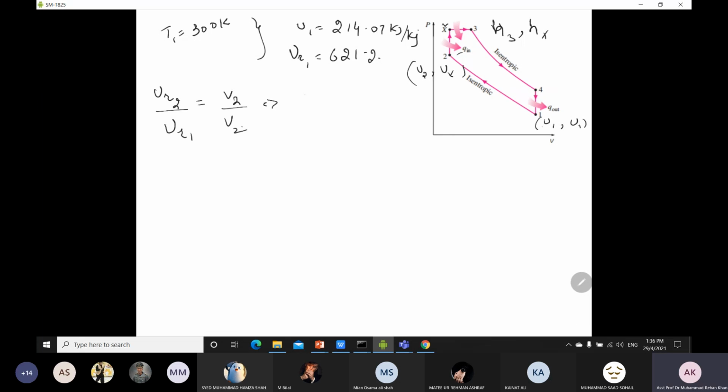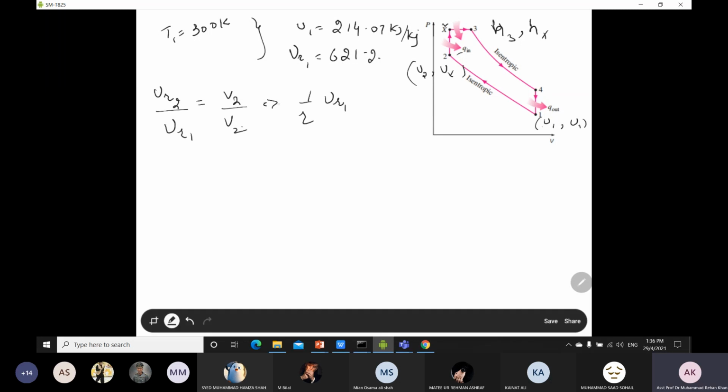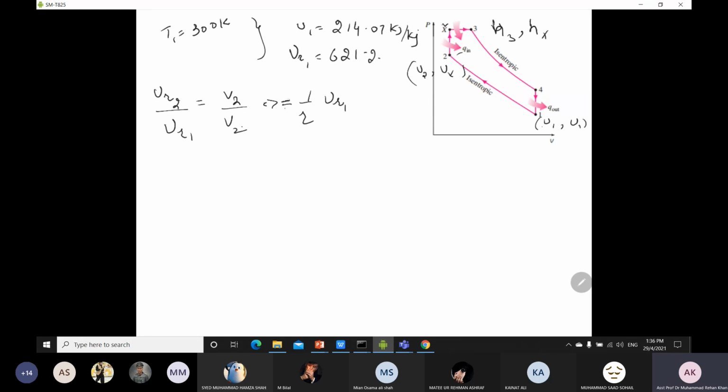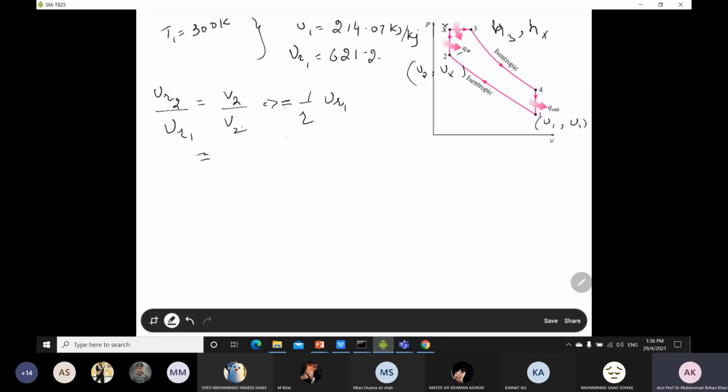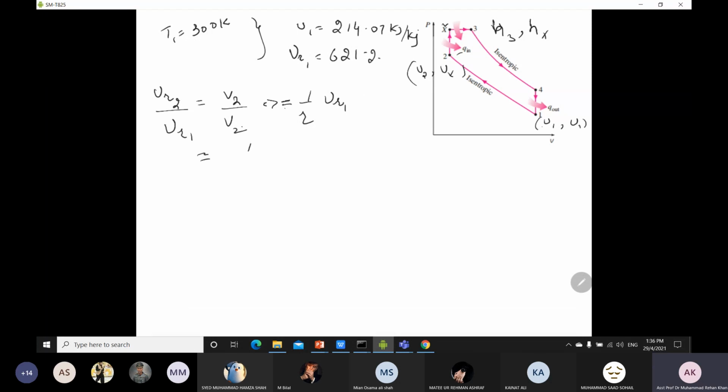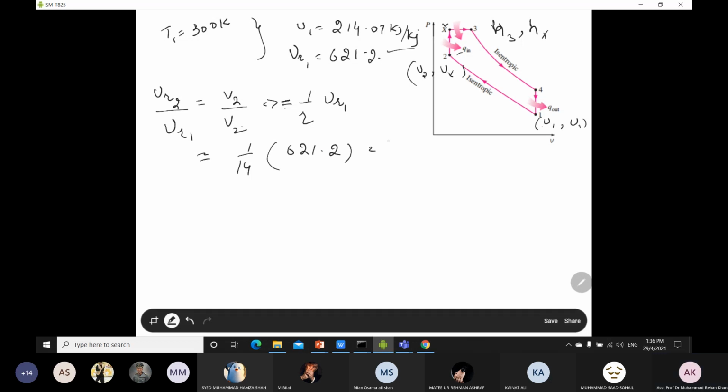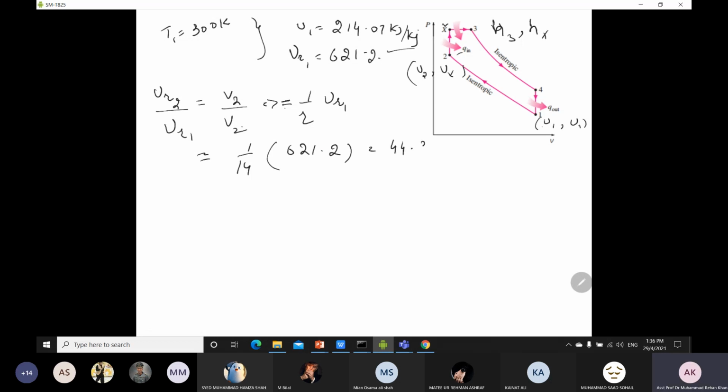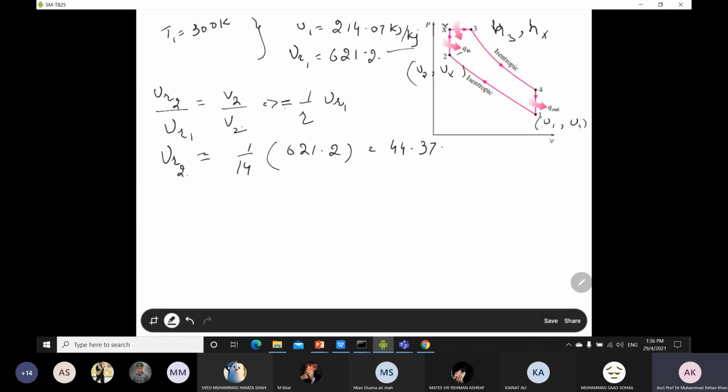From here you can also say that 1 over r times relative specific volume 1 is equal to vr2. Putting in the value of r, 14, and the relative specific volume at 1 we just found, 621.2, and solving it, you will get 44.37, also dimensionless.